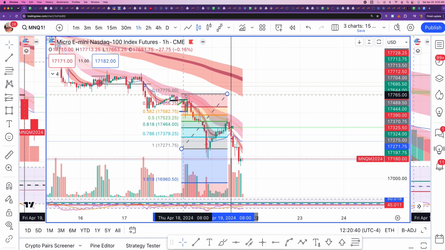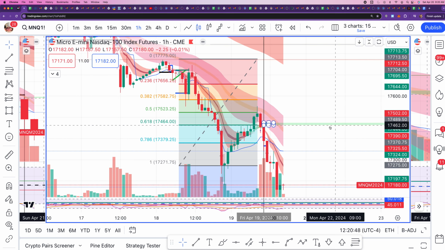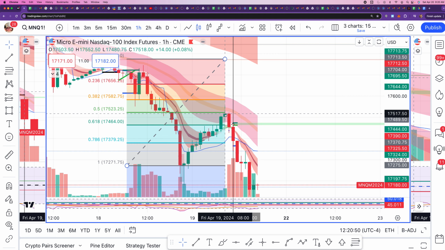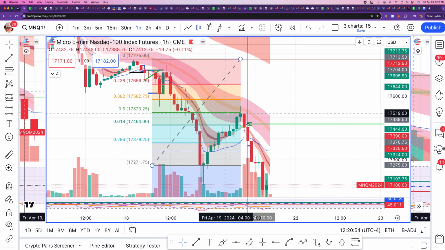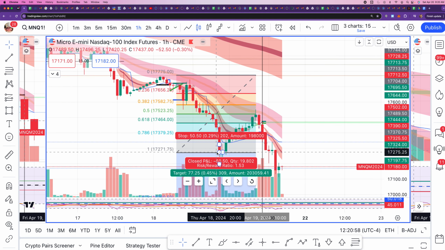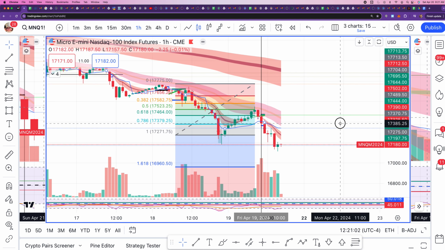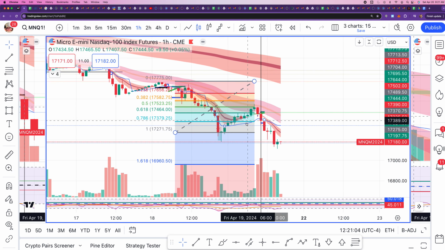And then when you look at it, the top of the body of this candle finished right at 50%. So that would be a way of fooling around with it a little bit, but still taking it for a 50% retracement. That's one example here on a larger time frame, on a 1 hour chart.